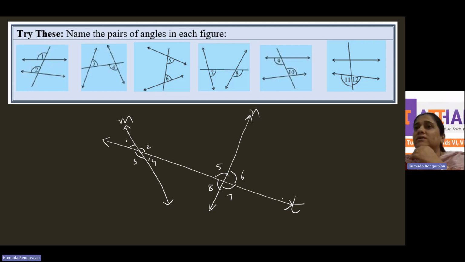They have to be on the same side. If you take 8, it is an interior angle. 3. Correct. Then for 7, the corresponding angle is 4. Then above the transversal, for 6, which is the corresponding angle? 2. For 5, 1.